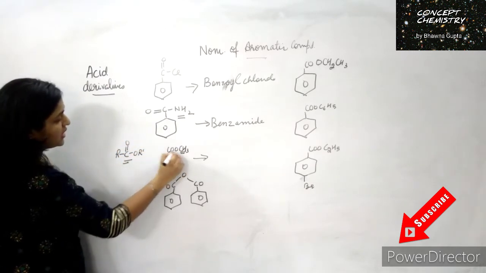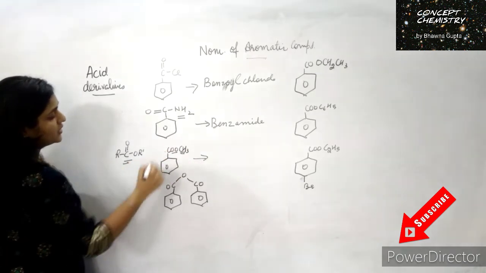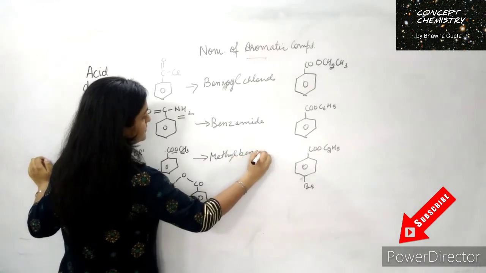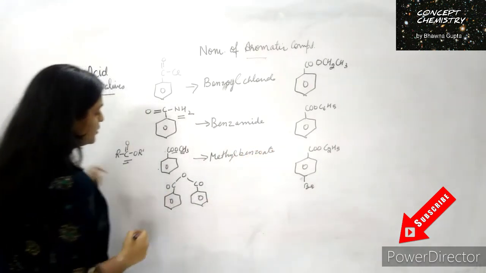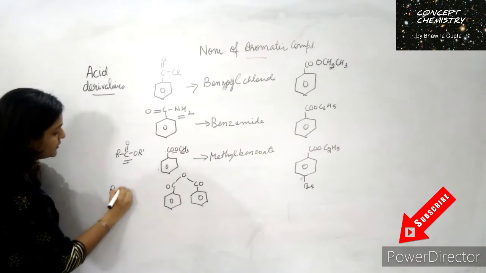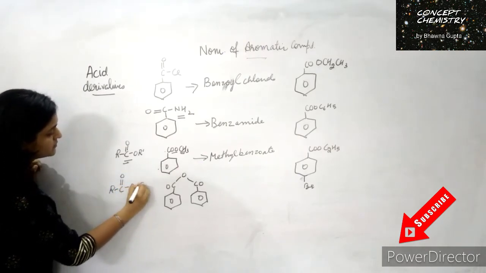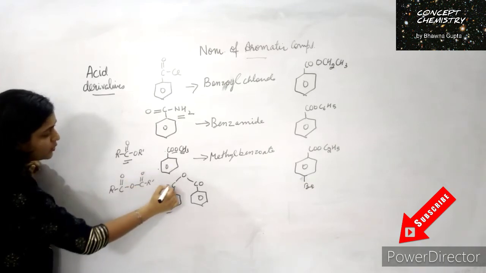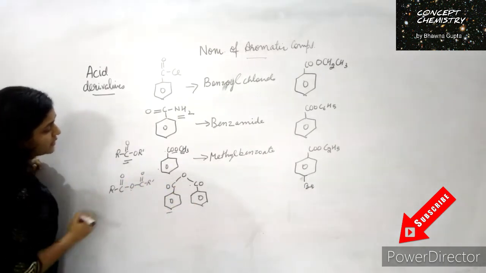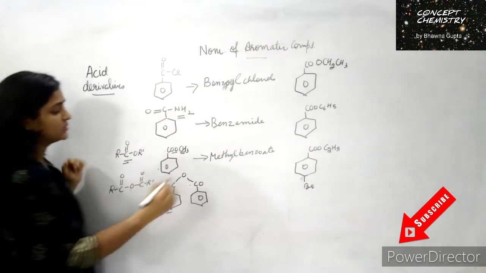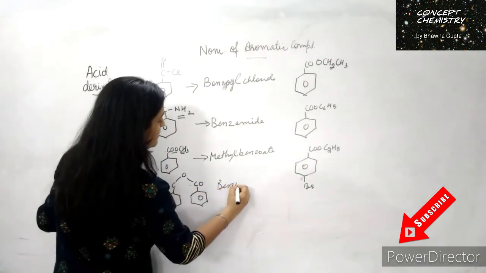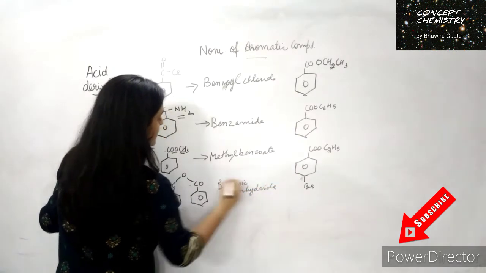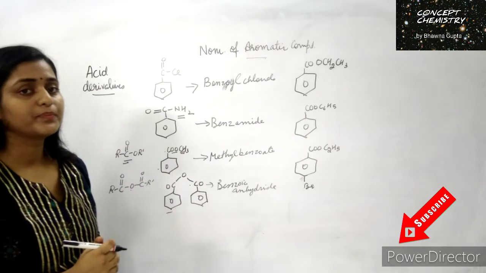So this is methyl benzoate. This group is anhydride, R, C double bond O, C double bond O, R. So this is anhydride, known as benzoic anhydride. I hope it is clear to you.